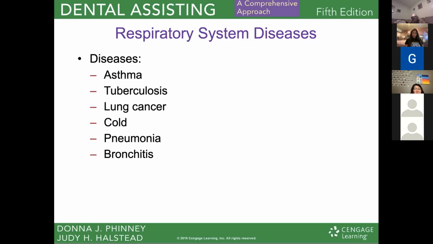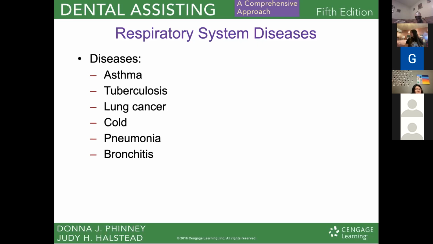There are diseases of the respiratory system. Asthma is the muscular spasm of the walls of the bronchi, leaving the airway constricted and making exhalation difficult. Tuberculosis is a highly contagious disease of the respiratory system. Lung cancer is a malignancy of the lung tissue.